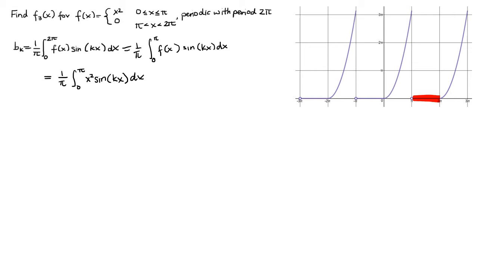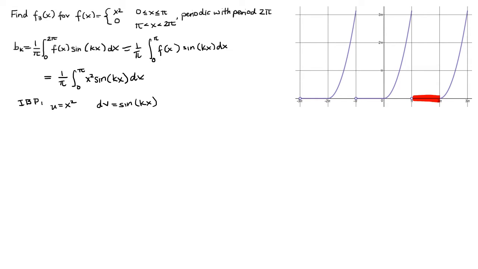Okay, now we have an integral with a product of two unrelated pieces. So again, we're going to use integration by parts. Polynomials, we prefer to differentiate compared to trig functions. So u is going to be equal to x squared. dv is equal to sine of kx.